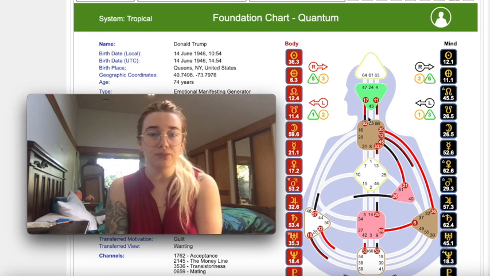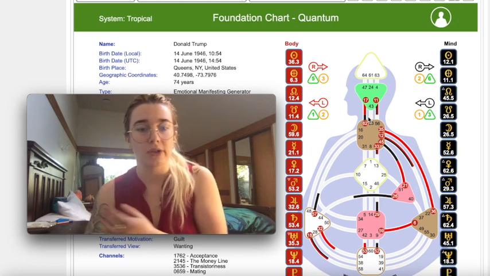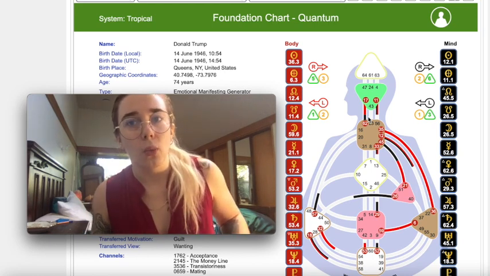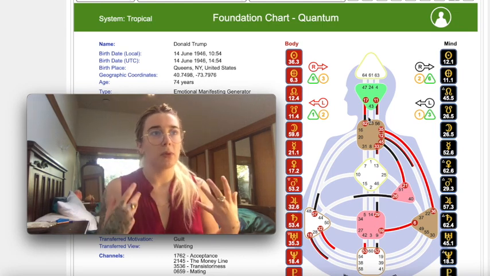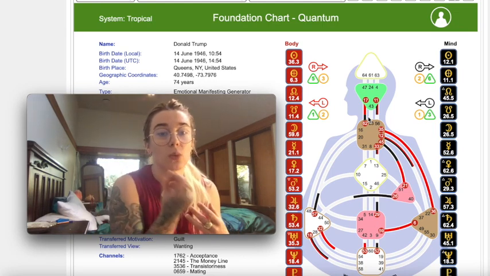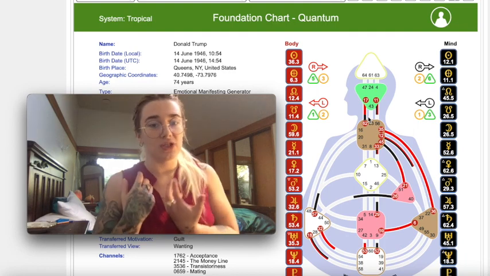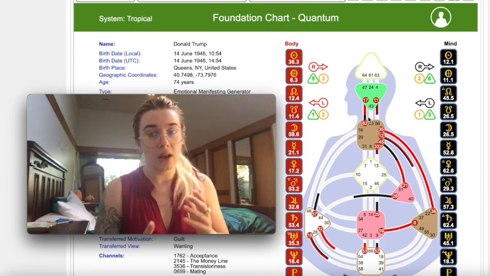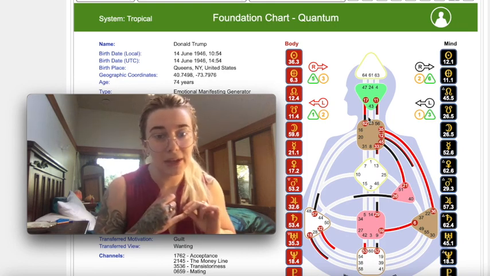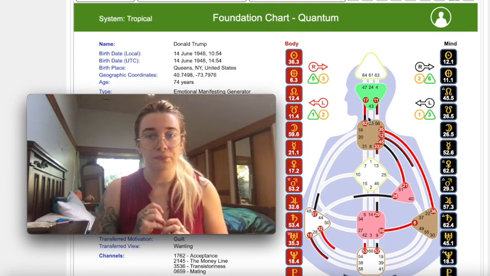So we can also do connection charts. When we're near people and when we interact with people, if they have a gate that we're missing that allows us to have a complete single definition, then that's going to be really desirable to us.